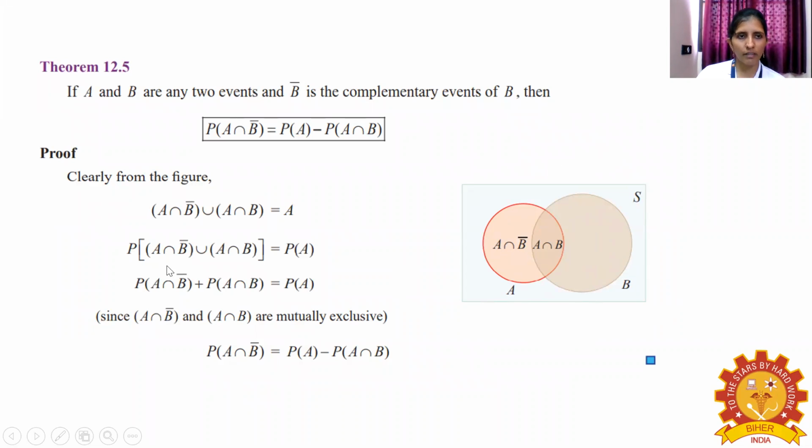It is clear from the figure that A intersection B bar union A intersection B is nothing but the set A.